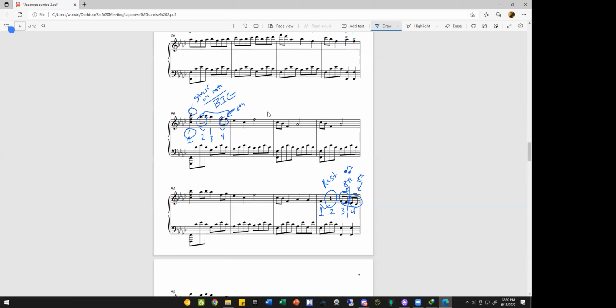Da, da, da, da. So 4 beats. Always 4 beats because it's a 4/4, and keep in mind the right values of each note.